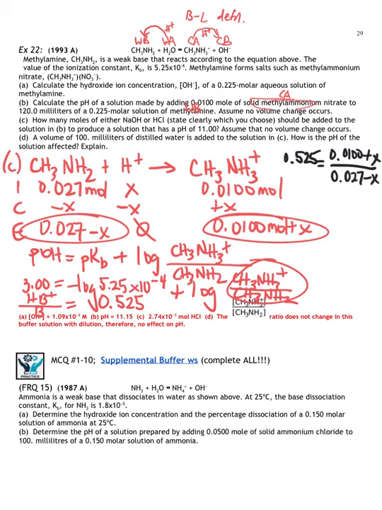So this is an algebra problem. I can solve for x in this equation, and when I do my math very carefully, I do get x to be a value of 2.74 times 10 to the negative third. So that is my answer in the end for my acid.